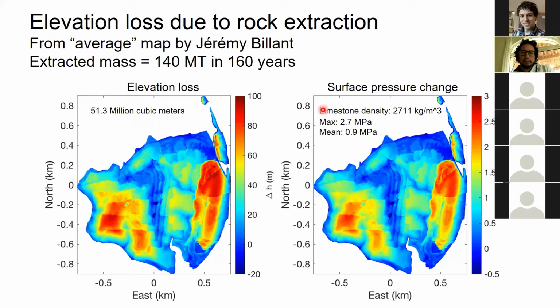Using the limestone density we assumed, that's about 140 million tons of rock. If we distribute this mass on the quarry, we see that the maximum surface pressure change is about 2.7 megapascal, and the average pressure change inside the quarry is about 0.9 megapascal. And to compute the stress changes on the fault, we also need the fault geometry. Next.